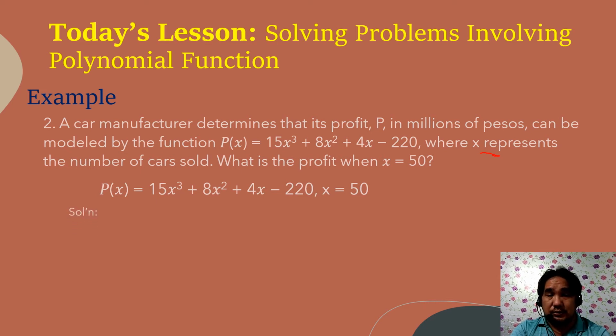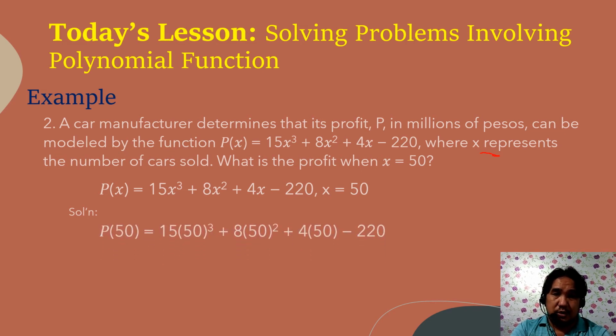Let us substitute all the x's there by 50. From 15x cubed, it is now 15 times 50 cubed. For the 8x squared, it is 8 times 50 to the power of 2. While 4x is 4 times 50, then copy the minus 220.